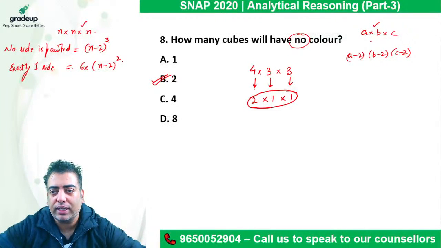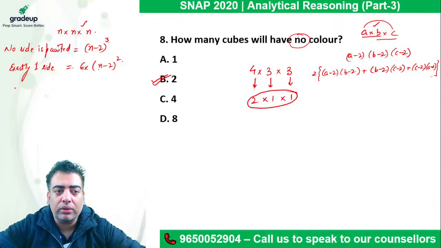Like in this case, there are 2 faces whose dimensions are a into b, 2 faces whose dimensions are b into c, and 2 faces whose dimensions are a into c. So it comes out to be twice of (a minus 2)(b minus 2) plus (b minus 2)(c minus 2) plus (c minus 2)(a minus 2).